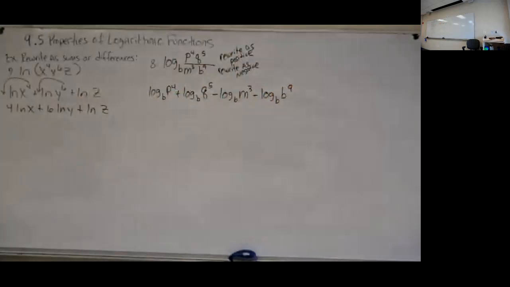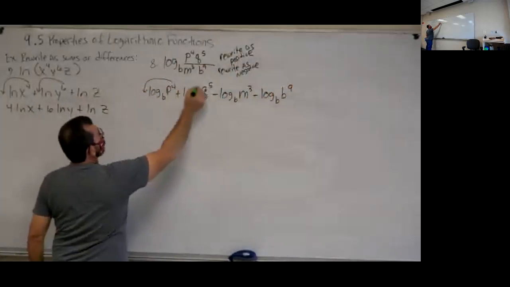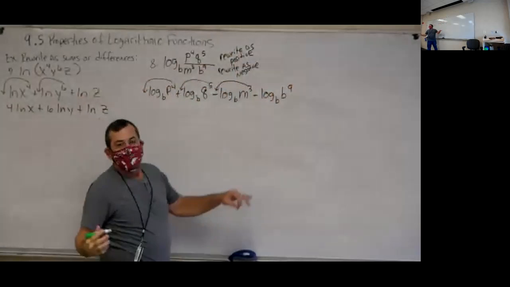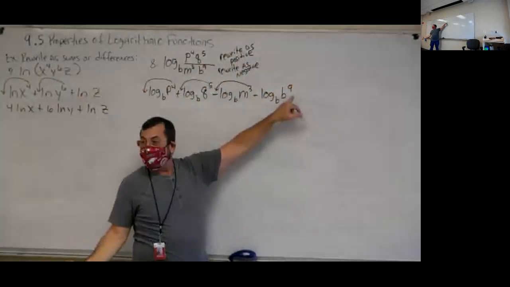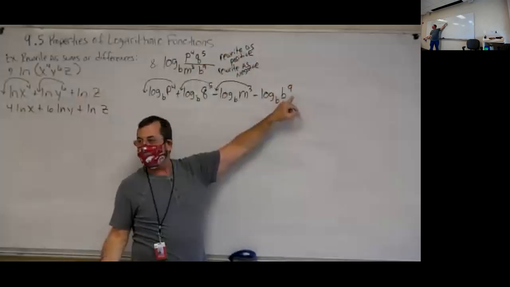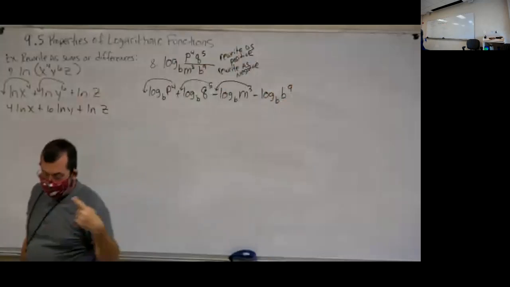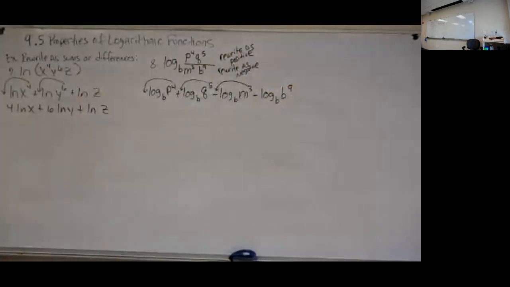So 3 of them I'm going to do something to, and then the other one I'm going to do something different. But for the first 3 terms in that, guess what I'm going to do? Move to the front. Bring them exponents to the front. So the 4 is going to the front, the 5 is going to the front, and the 3 is going to the front. And y'all, technically that 9 would go to the front, but I gave y'all a property a while ago that said if that base matches that result raised to an exponent, then that's just going to give me a 9 in the long run, remember?